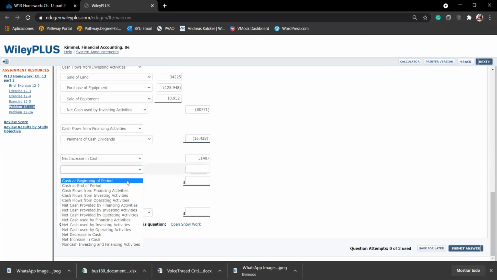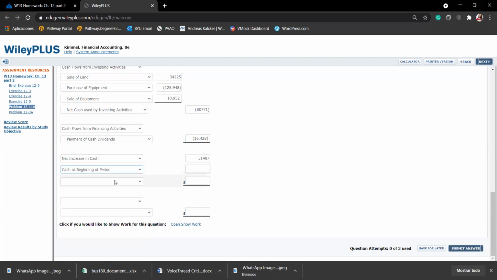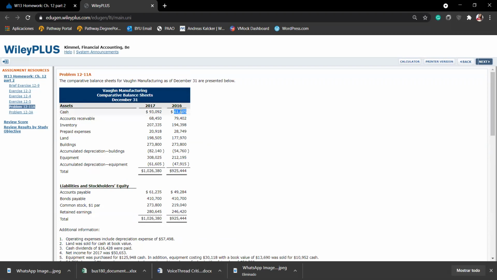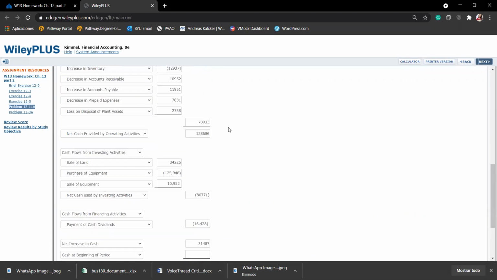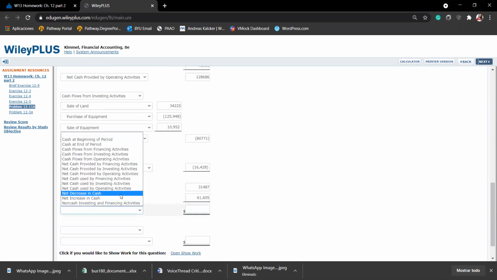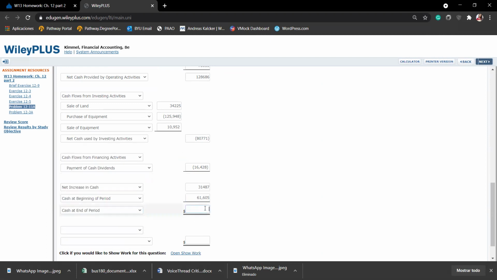Here we need to choose the cash at beginning of period. You can find the cash at beginning of period in the last year. And here in the cash at end of period is the sum of the cash at beginning of period and the increase in cash.